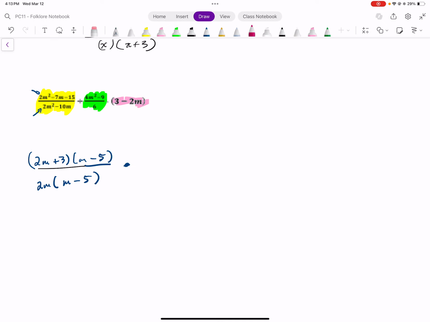Now I'm going to factor the numerator of the green term, and that's wonderful because it's a difference of squares. 4m squared minus 9 is a difference of squares, so there it is. And the divisor is 6. I'm going to multiply it by 3 minus 2m. Now, I'm just going to put that in brackets.